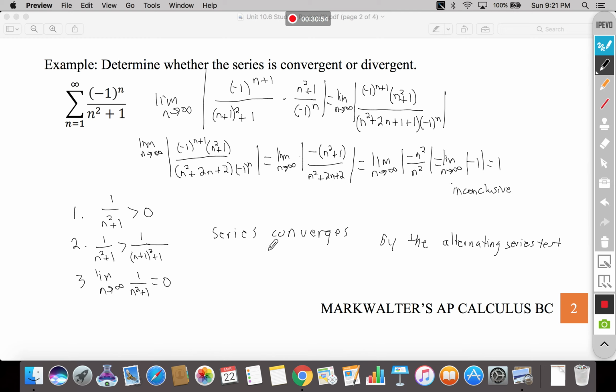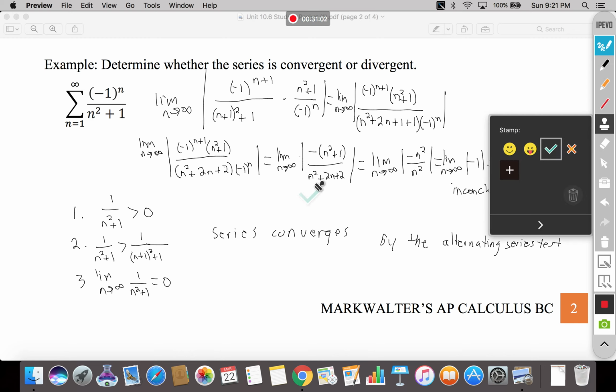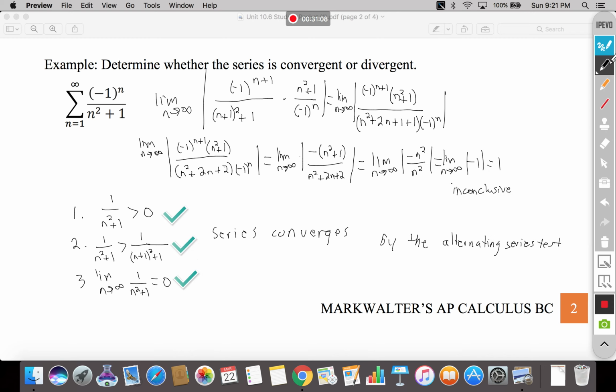My ratio test was inconclusive, but my alternating series test did it well for me. You know what's cool about this? It even has like a little stamper thing we could do. We could say all 3 of my alternating series things worked. Hooray! So it does converge, even though my ratio test was inconclusive because the ratio came out to be 1. Okay. So far, so good.